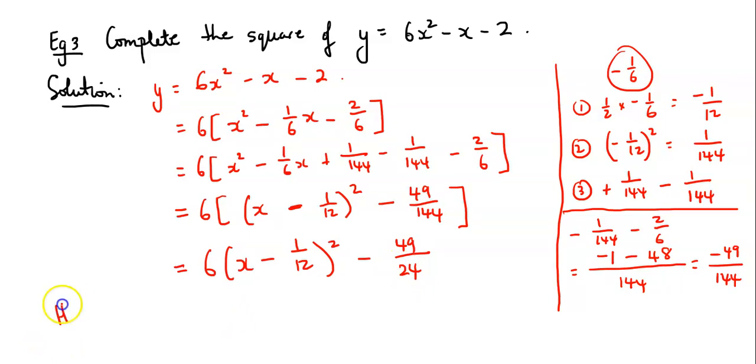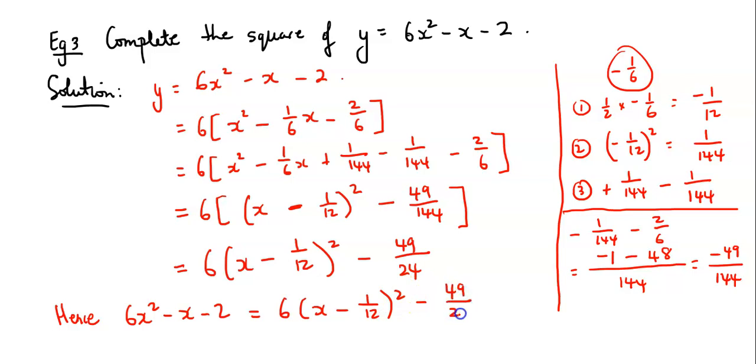Hence, you can say, if you like, 6x squared minus x minus 2 could be written in the form of 6 open brackets, x minus 1 over 12 close brackets squared, minus 49 over 24.